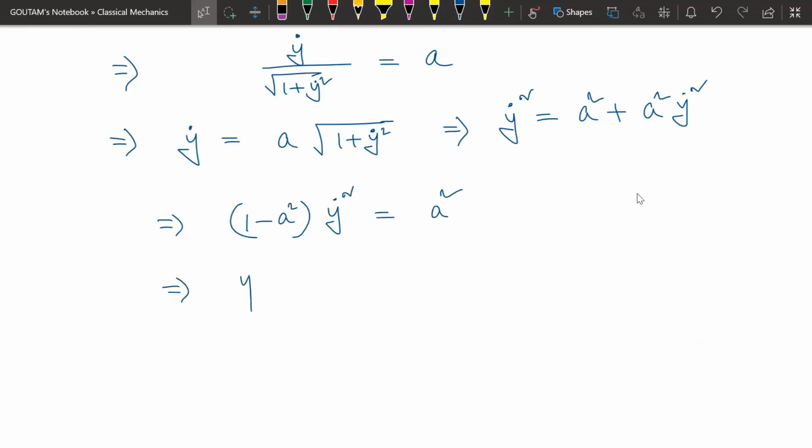In that case, we will get ẏ equals to root under a square over 1 minus a square. Let's call it m. There will be a plus minus sign because we are taking the root, so we include this plus minus sign in the m. So m can take positive or negative value depending on whether here is plus or minus.